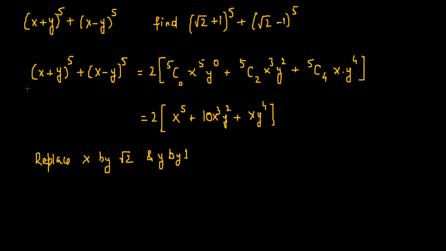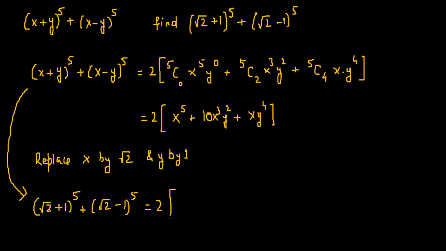So this expression would look something like root 2 plus 1 whole raised to the power of 5 plus root 2 minus 1 whole raised to the power of 5. So this is equal to 2 times, so we have x to the power of 5, so instead we'll write root 2 raised to the power of 5 plus 10 x cubed, so this is root 2 cubed times 1 squared plus x is root 2 times 1 raised to the power of 4.